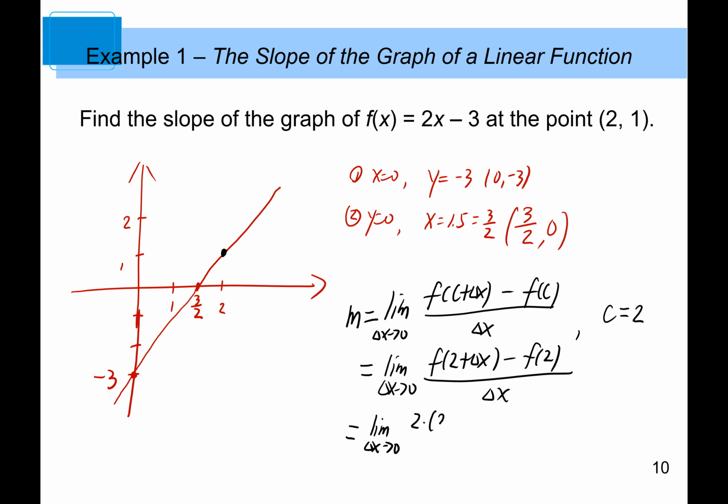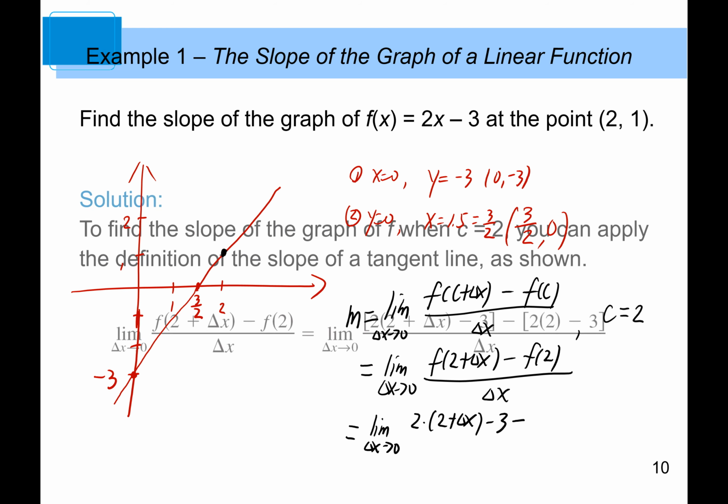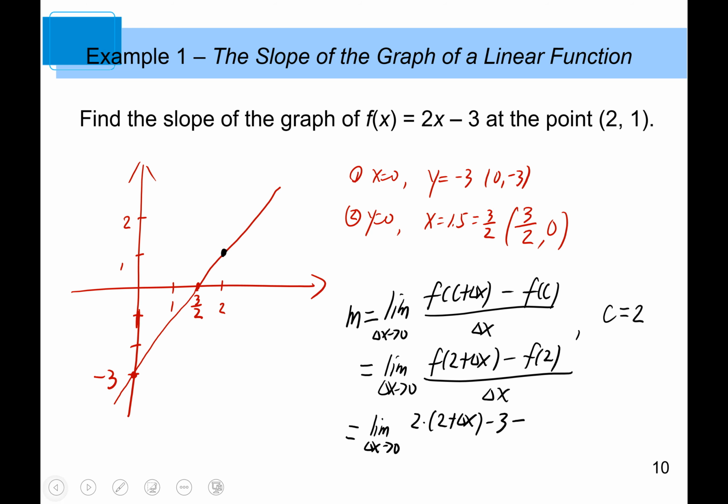Okay, so f of 2 plus delta x is 2 times (2 plus delta x) minus 3, minus f of 2, which is 2 times 2 minus 3, over delta x. When you expand, you get 4 plus 2 delta x minus 3 minus 1.